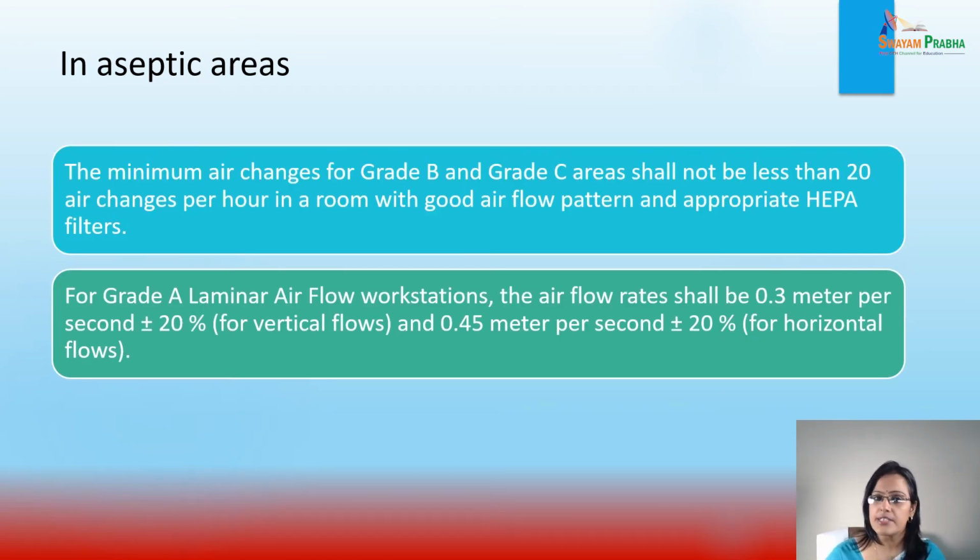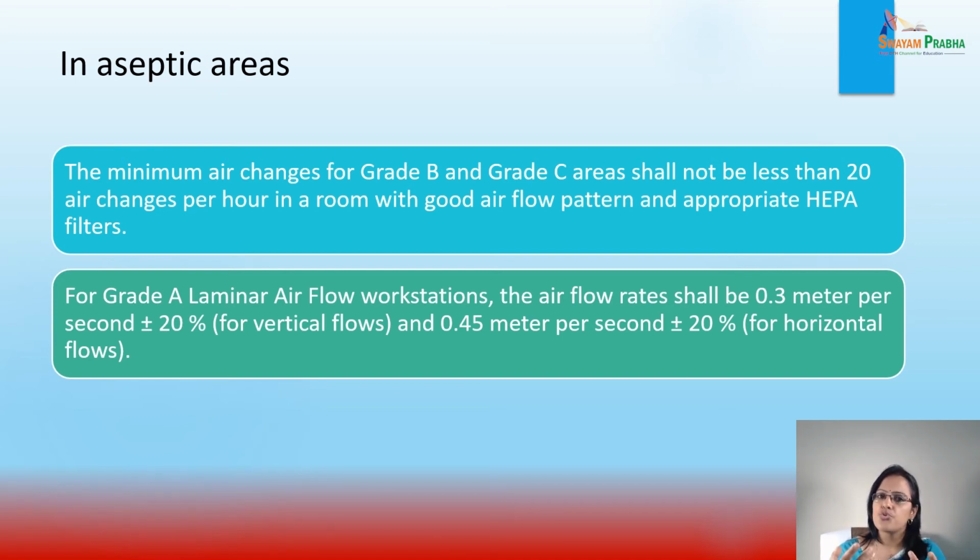Okay, next point is the minimum air change for grade B and grade C area shall not be less than 20 air changes per hour in a room with good airflow pattern and appropriate HEPA filters. And the next is the differential pressure between areas of different environmental standards shall be at least 15 Pascal.